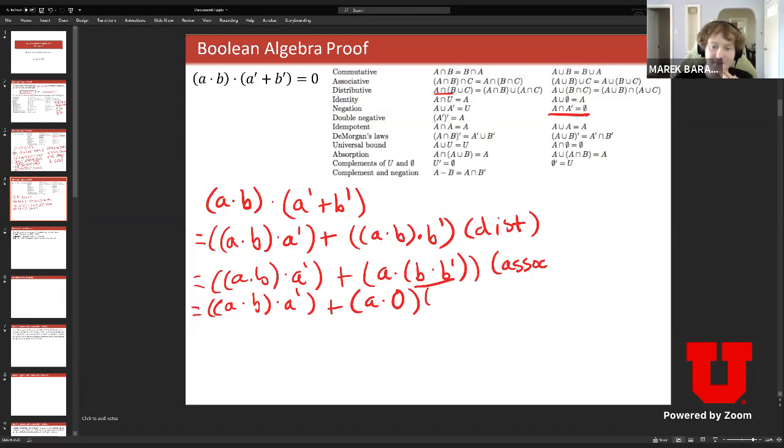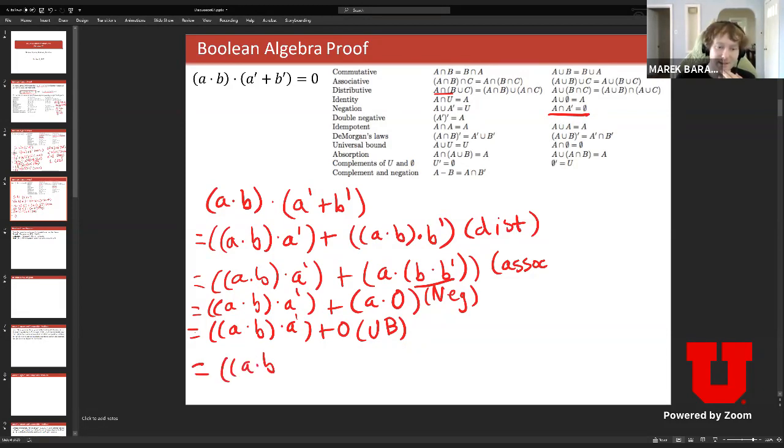This is by negation. And then we can use, what's the name of it? Universal bound again, to get A times B times A prime plus 0. And identity will give us that this is A times B times A prime. So doing this part is very similar to that. Does anyone want to take a stab at doing that?